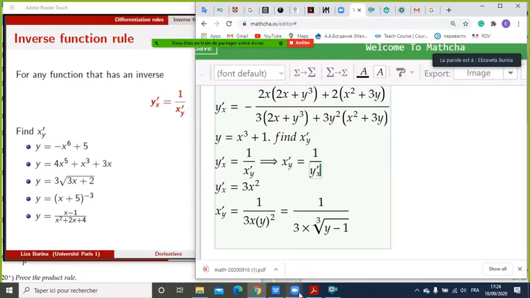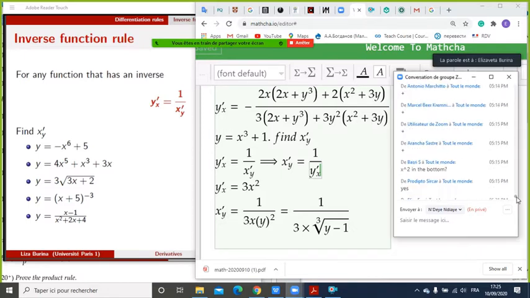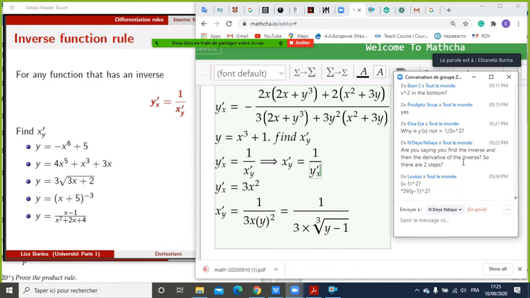I haven't checked the conversation in a while. Do I have something in the conversation? Oh, I have something in my conversation. A lot. Wait a second. Are you saying you find the inverse and then the derivative of the inverse? So there are 2 steps? Yes, that's a good point.